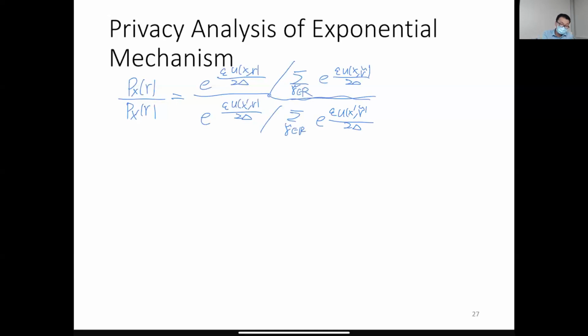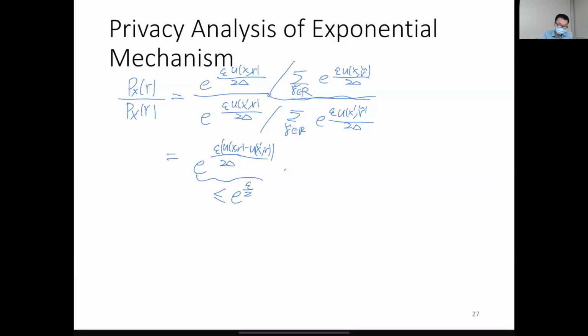Now we'll handle the two ratios separately. For the first ratio, we can combine them together, and we'll have epsilon over 2 delta times u(x, r) minus u(x prime, r), right? This is smaller than e to the power of half epsilon, by the fact that the sensitivity of this utility function is smaller than delta.